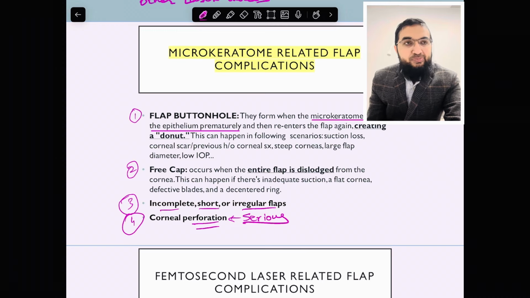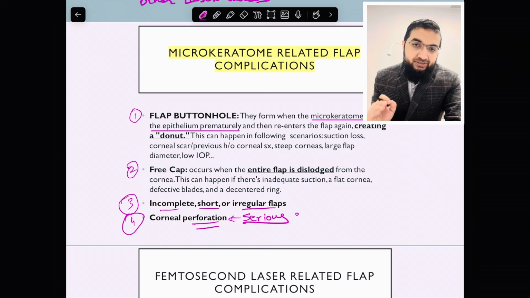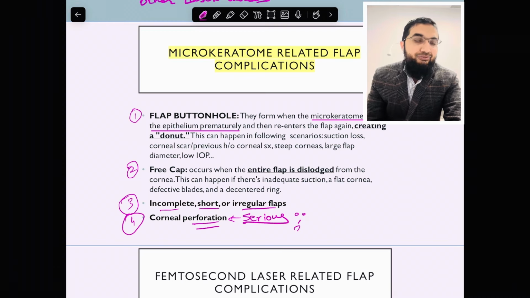Sorry about the tongue twist, but yes, corneal perforations are serious complications.